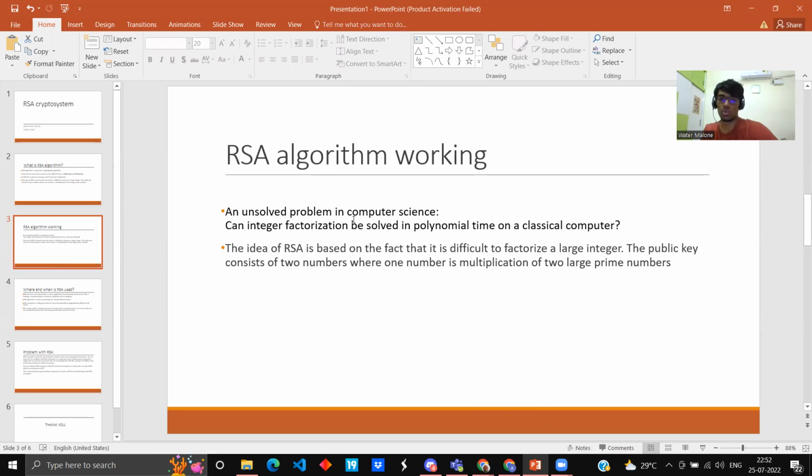As I mentioned, the question is whether integer factorization can be solved in polynomial time on a classical computer.